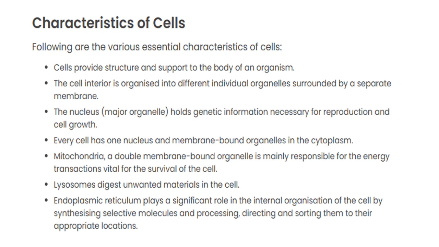Every cell has one nucleus and membrane-bound organelles in the cytoplasm. Mitochondria, a double membrane-bound organelle, are mainly responsible for energy transactions. The endoplasmic reticulum also plays an important role in the internal organization of the cell. Lysosomes digest the unwanted materials of the cell structure.